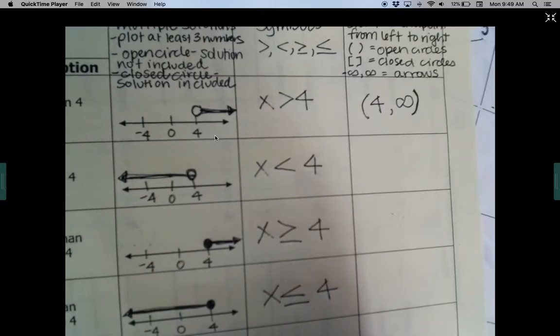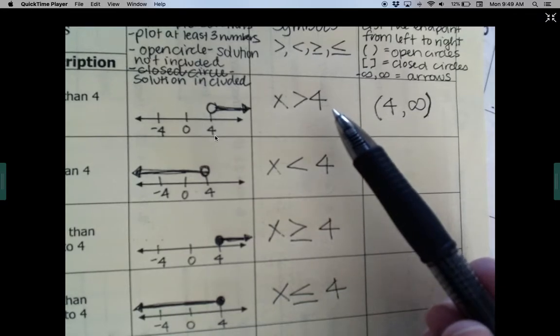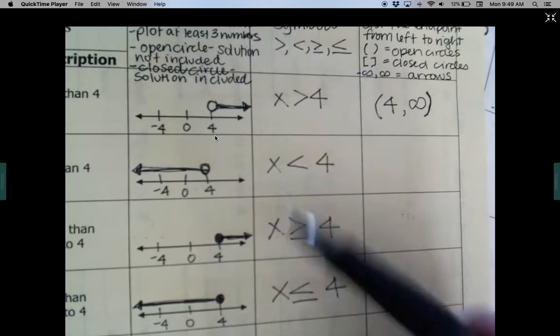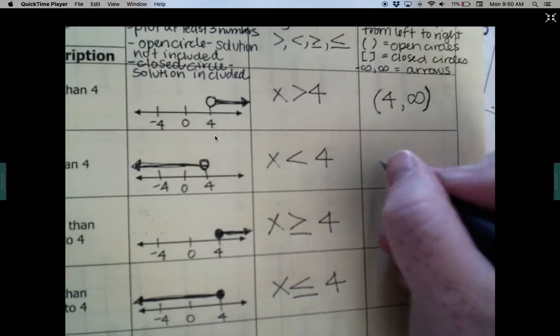All right. On our next one, where does my arrow start on the left? If I ask for a numerical representation, where does this arrow start? Negative infinity, because it goes on forever. If I had to continue this arrow, I'd never stop. So it's at negative infinity because it's on the left.